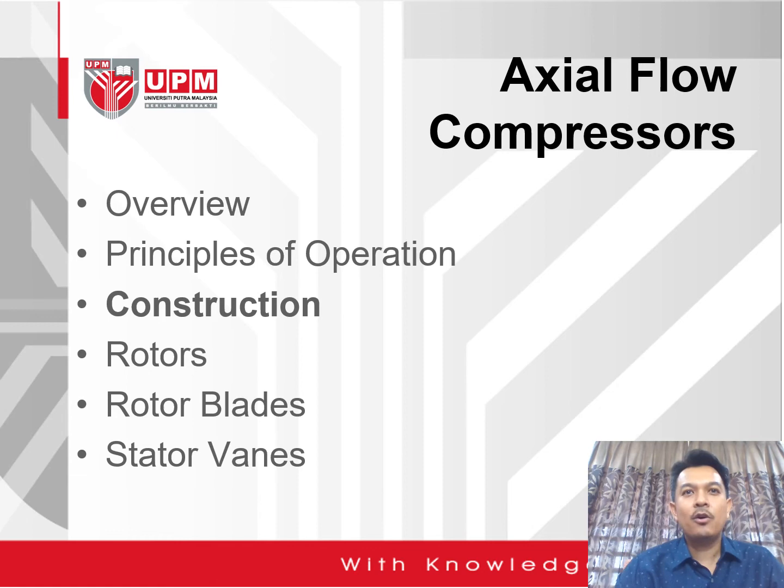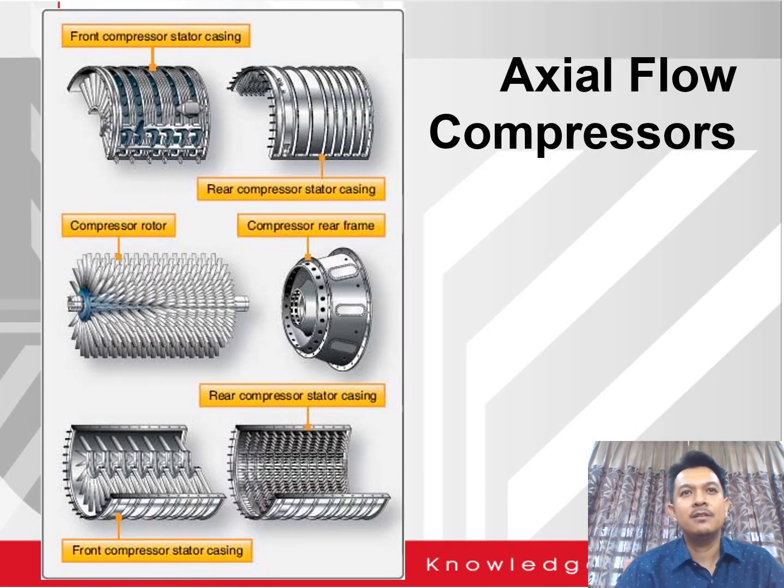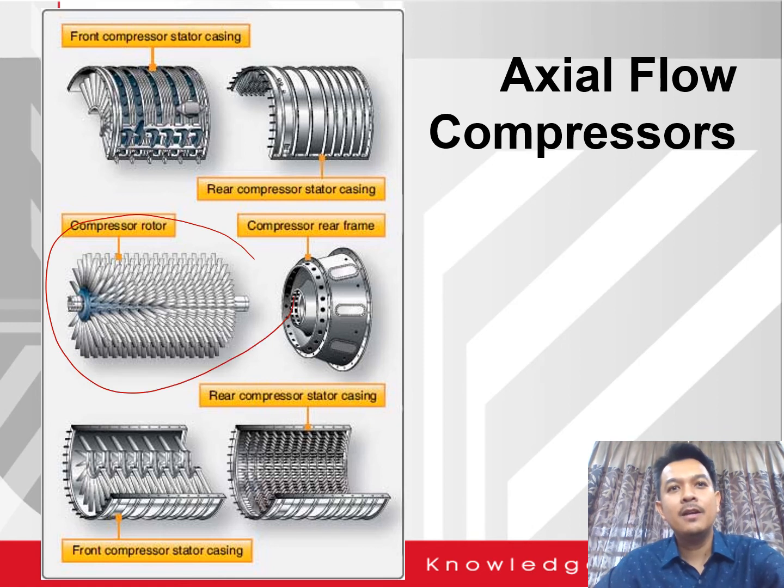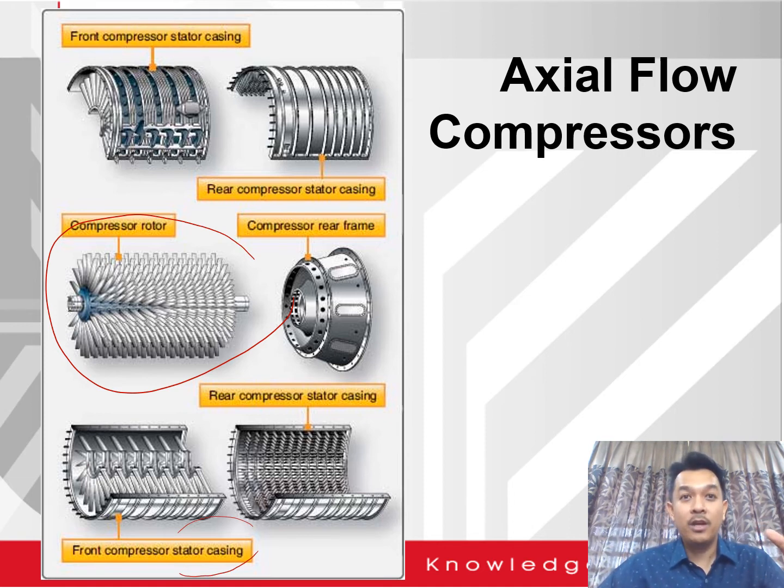The next one is on construction, how the axial flow compressor is built. Mainly, an axial flow compressor will have the compressor rotor. This is the compressor rotor example, okay. We also have the stator casing. So the stator is the blades which do not rotate. The rotor is the blades which are rotating, okay.